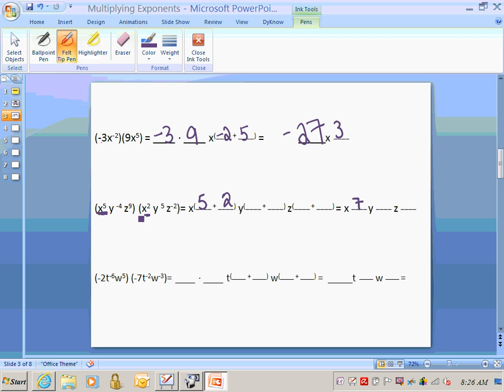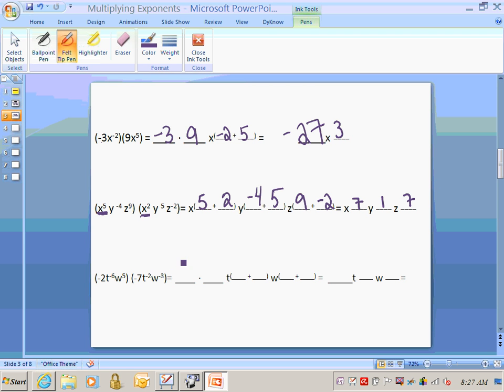My y's, negative 4 plus 5. So y to the 1. Z, 9 and then a negative 2, right? So that's a 7. So I have x to the 7th, y, z to the 7th. And those are already in alphabetical order for us.